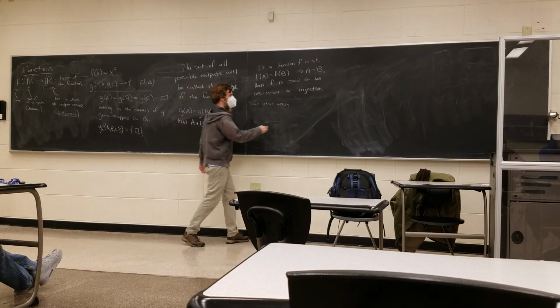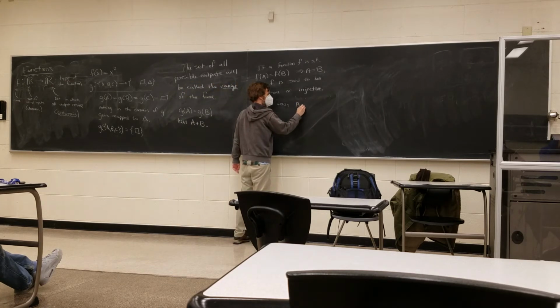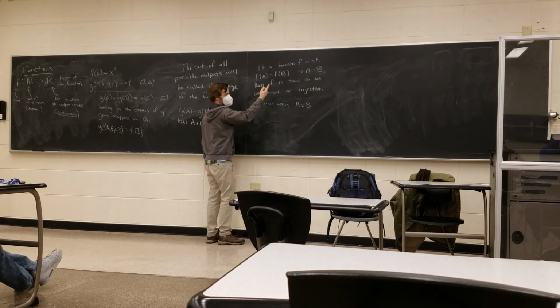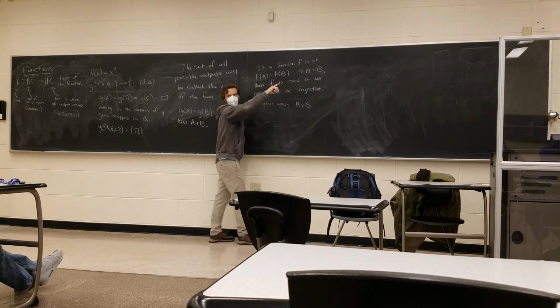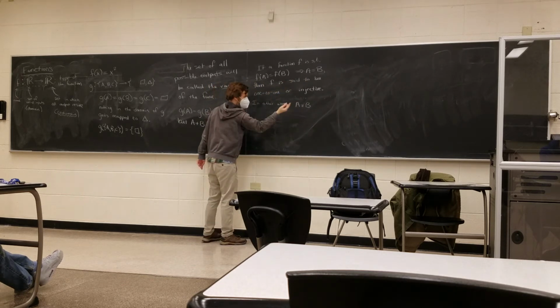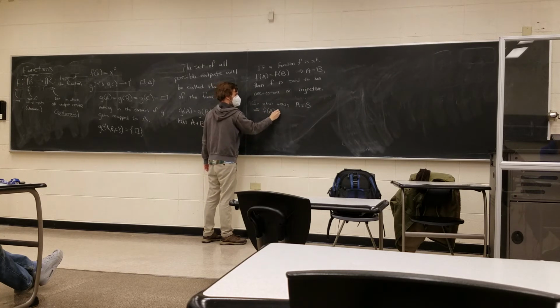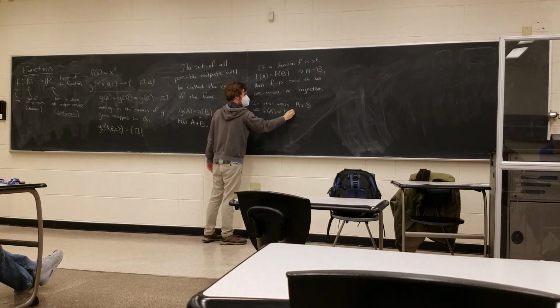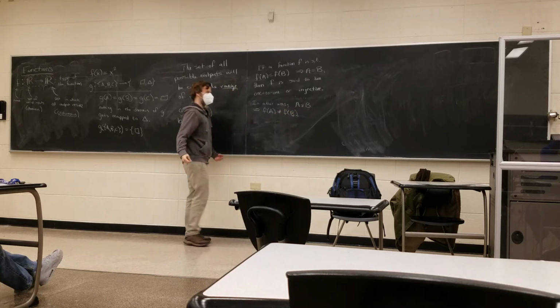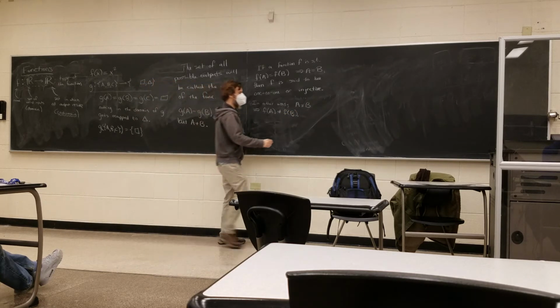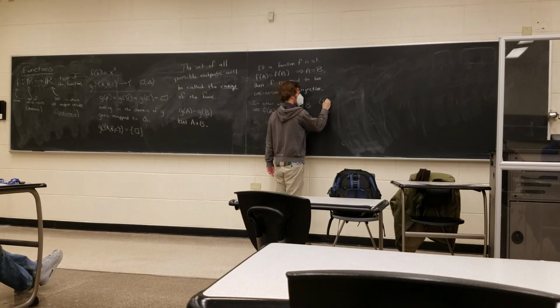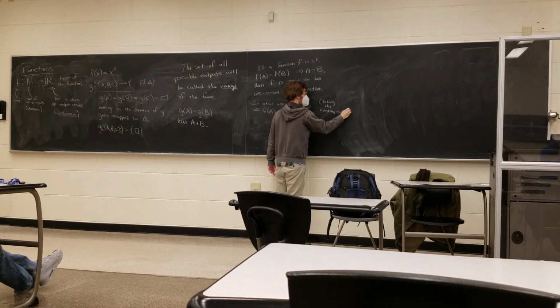So in other words, we can say that if A does not equal B, which is the opposite of this statement, then f of A is not equal to f of B. So this is called taking the contrapositive. I should write that. A bit of logic terminology.